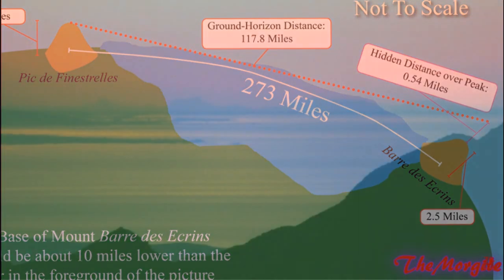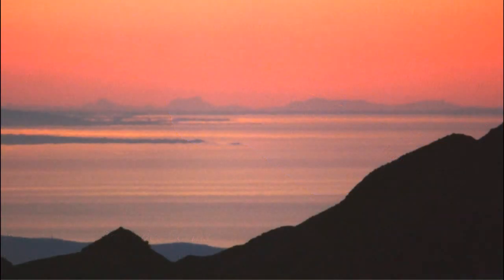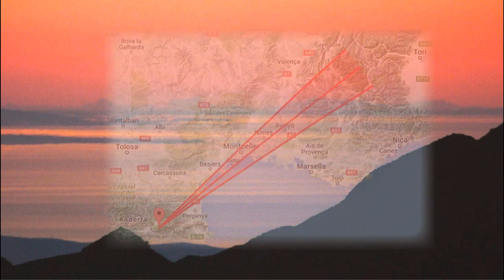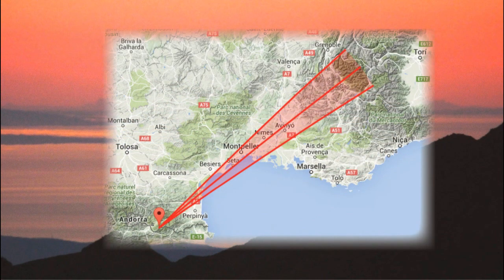In this long distance landscape example, the observer height is much higher than 6 feet. The dude is taking this picture on the top of a mountain, so it is way more drastic than a horizon distance of 3 miles. As you can see in this diagram, the horizon distance is allegedly or hypothetically 117 miles. Of course, it doesn't matter which way you slice it, the curvature doesn't exist.